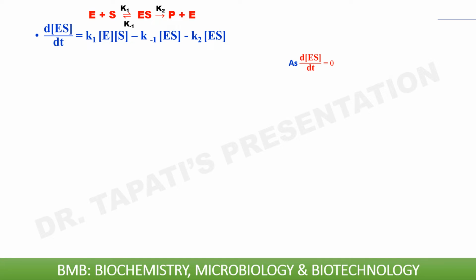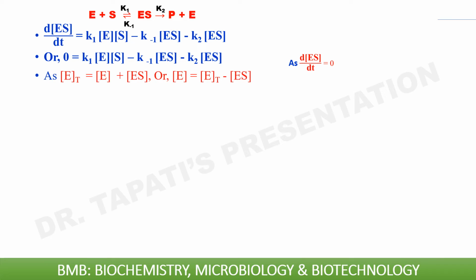If we put d[ES]/dt equal to 0, then we get 0 equal to K1[E][S] minus K-1[ES] minus K2[ES].